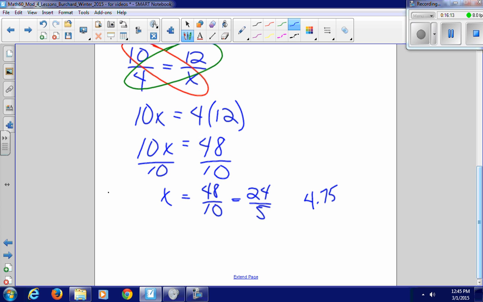No, not 4.75, 4.8. So use your judgment whether to leave it in fraction or make it a decimal. What we've talked a lot about in class is you typically don't want to make it into a decimal if that's going to wind up rounding it, if it's not an exact decimal.